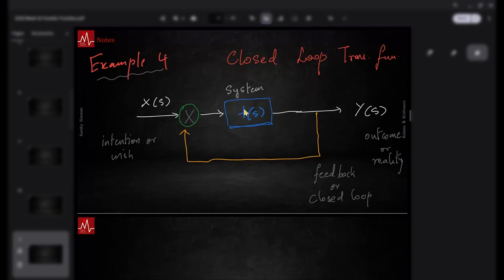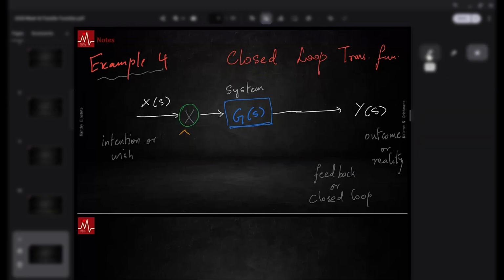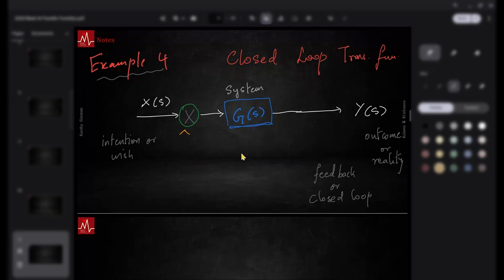Typically this is referred to as G of S, and I'm going to put an H of S here. So the feedback is sugar coated or crafted, or engineered, so that what you intend and what the reality is, they match. This bit is engineered.